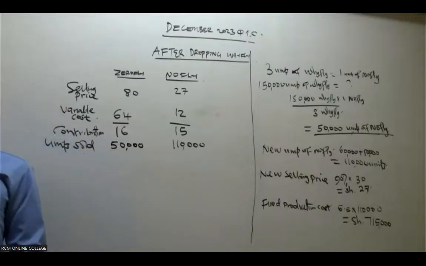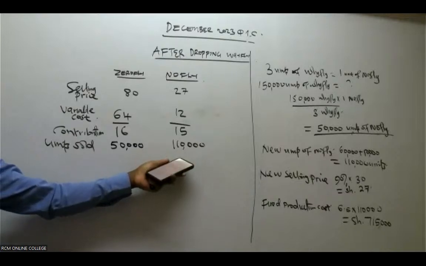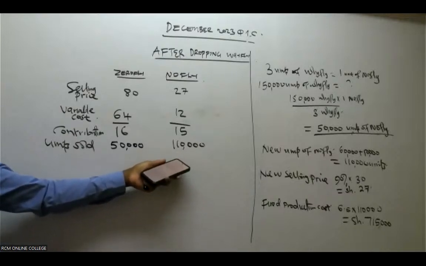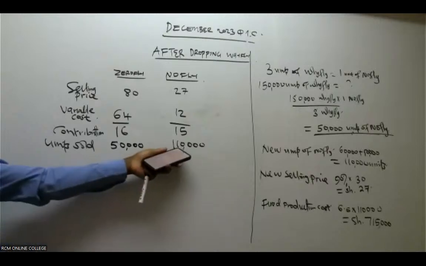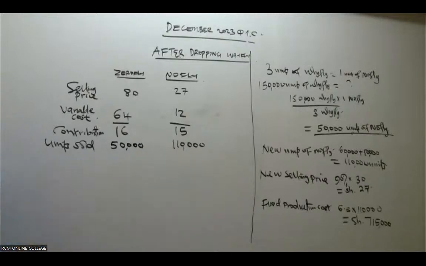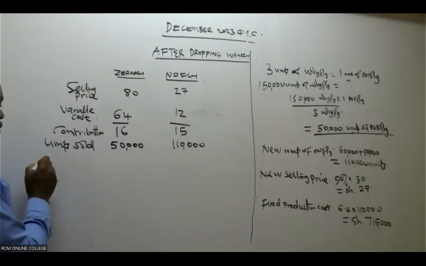Is there someone who is not getting this? Anyone who is not understanding where we are getting 110, please let me know. It seems you are all able to understand where this 110 is coming from. Good.